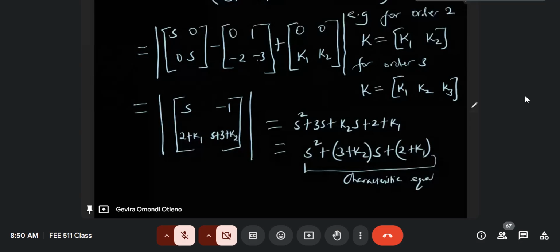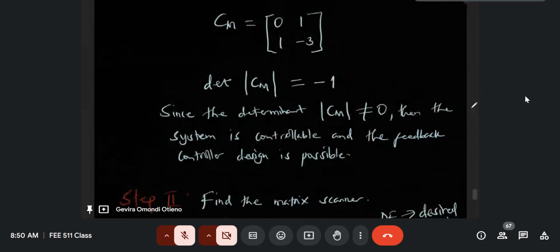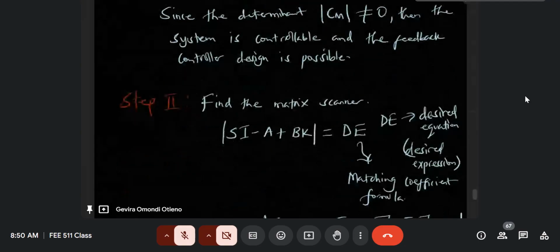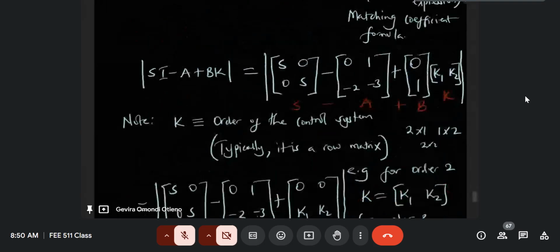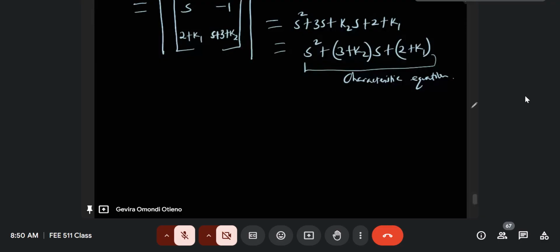Of course, we can equate it to 0, but our matching coefficient formula requires that we equate it to the desired expression. We don't equate it to 0, we equate it to the desired expression. So that takes me to step number 3, where, because it's a matching coefficient, once we get the characteristic equation, we get the desired expression, then we match their coefficients.